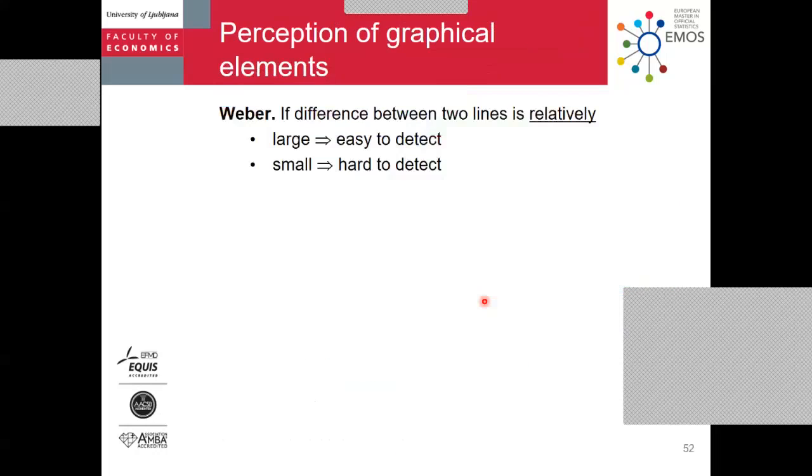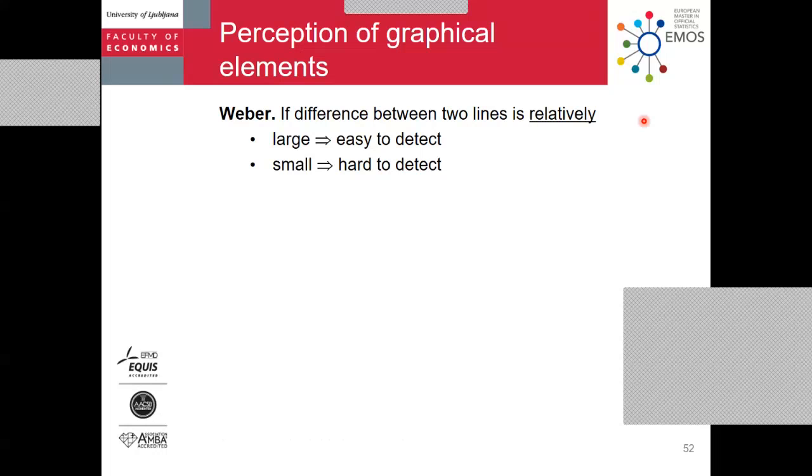Now, not all visual variables are equally successful in communicating with our visual system. For instance, Weber found out that if the difference between two lines is relatively large, then it's easy to detect, and if it's small, it's hard to detect. And the absolute difference doesn't really matter. Think of a 2 centimeter long line and a 2.5 centimeter long line, so the second line is 25% longer.